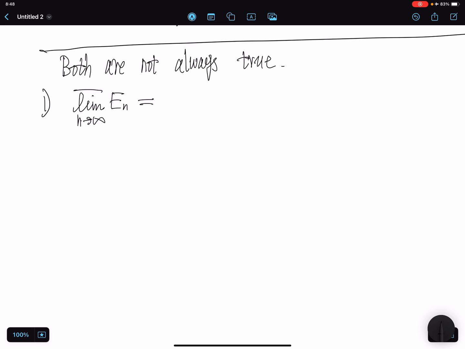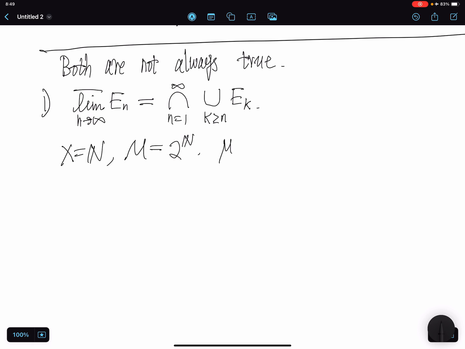This is just the intersection from n from 1 to infinity, of the union for any k greater than or equal to n of E sub k. This is the upper limit of E sub n, right? So for the first case, let's think about X as all the natural numbers, and the measurable sets are all the subsets of the natural numbers, and mu is just the counting measure.